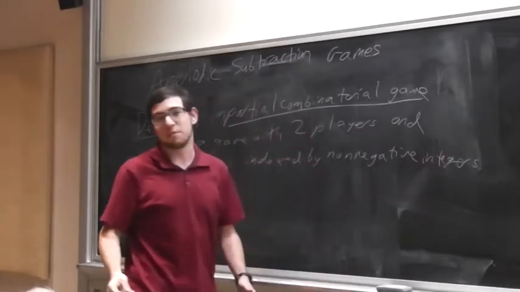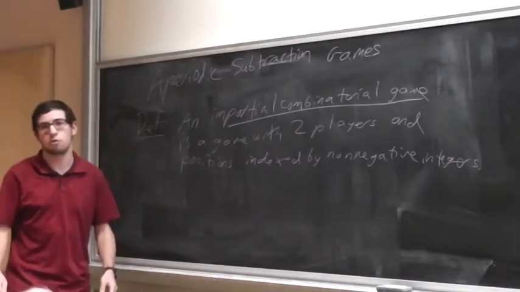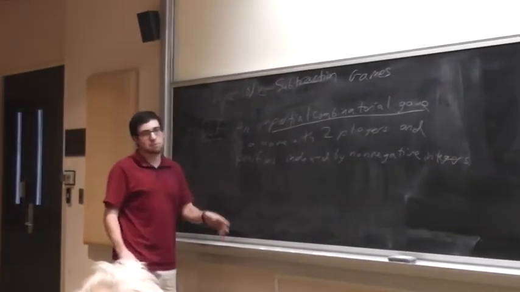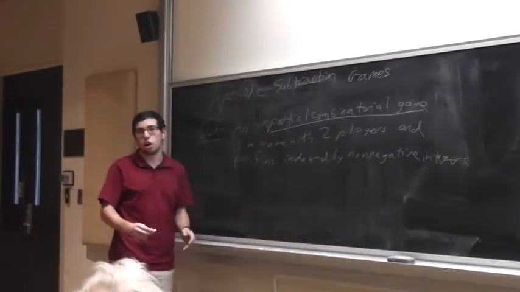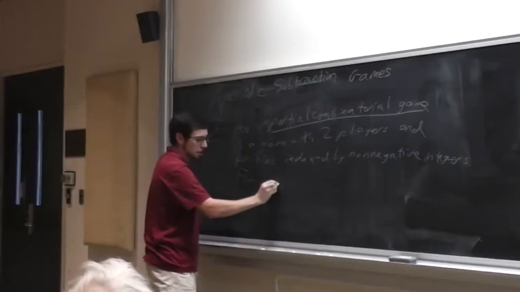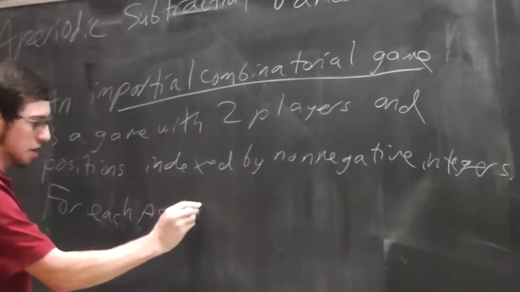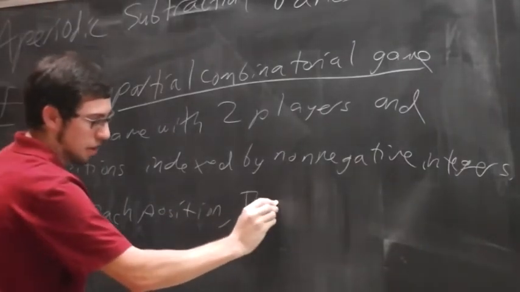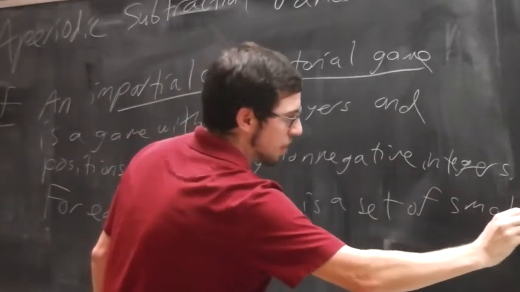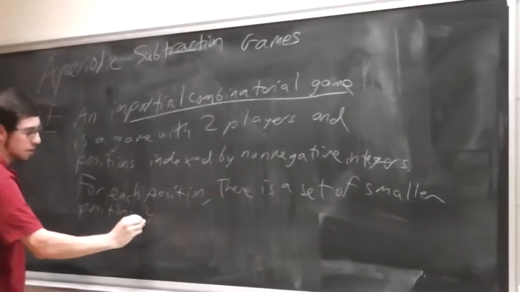If it turns out your game only has finitely many positions, all the positions after a certain point can just be null positions that you can never move to, and you can decide how you move from them because it doesn't matter. So the positions are indexed by non-negative integers, and for each position, there is a set of positions with smaller indices that you can move to. Particularly, you cannot move from the zero position. Strictly smaller, yes.